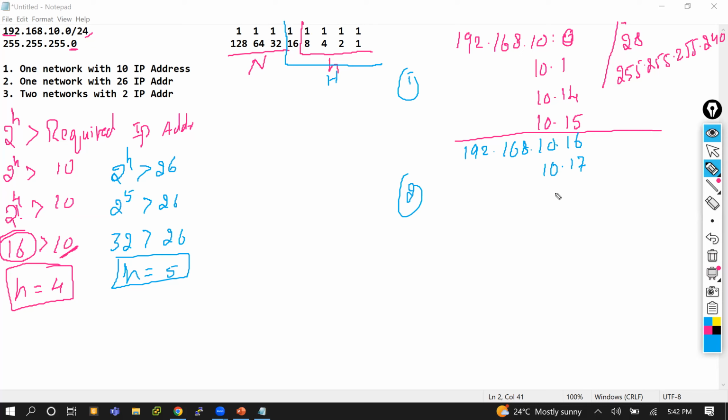10.17. Now what is the broadcast ID and subnet mask?